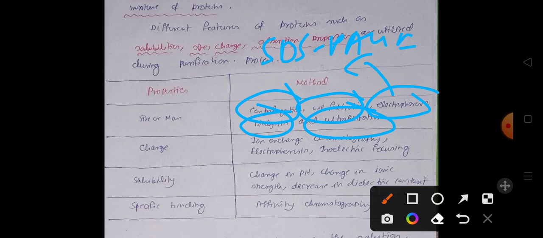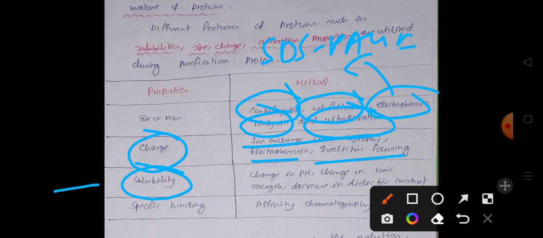If we separate proteins on the basis of charge, we use ion exchange chromatography, electrophoresis, or isoelectric focusing. If we separate proteins on the basis of their solubility, we change the pH of the medium, or the ionic strength, or vary the dielectric constant.